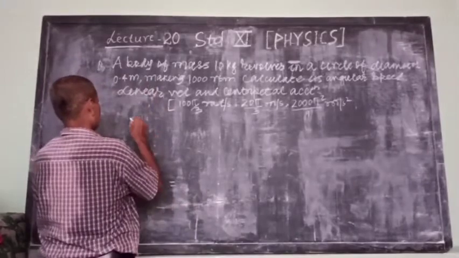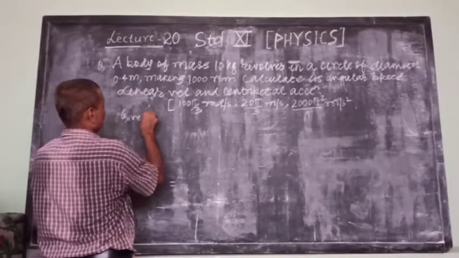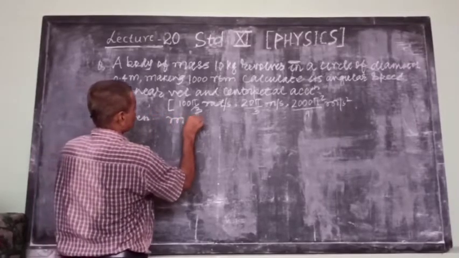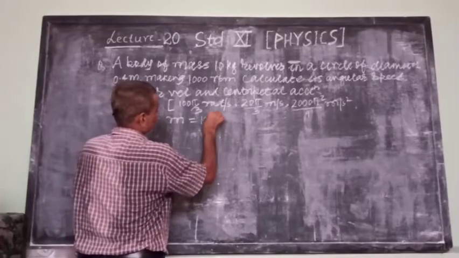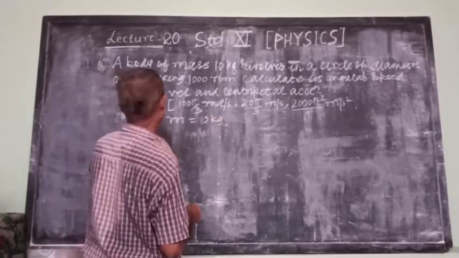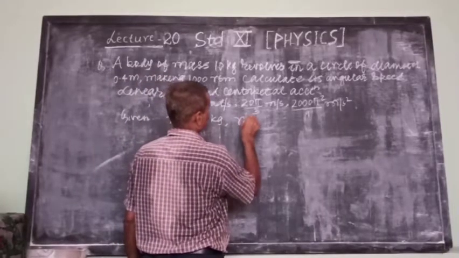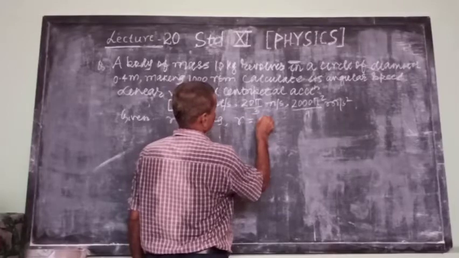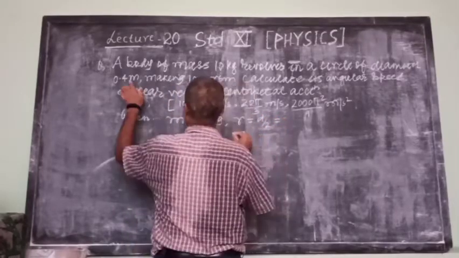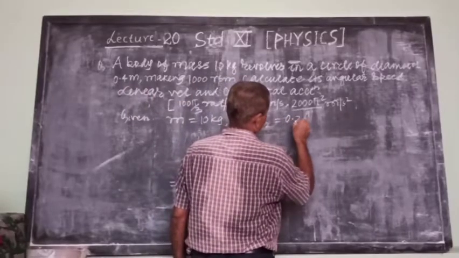So first of all, we should write the given items in the question. Mass of the body is 10 kg. The diameter is given, and the radius R will be half of the diameter, so just dividing by 2, it will be 0.2 meter.